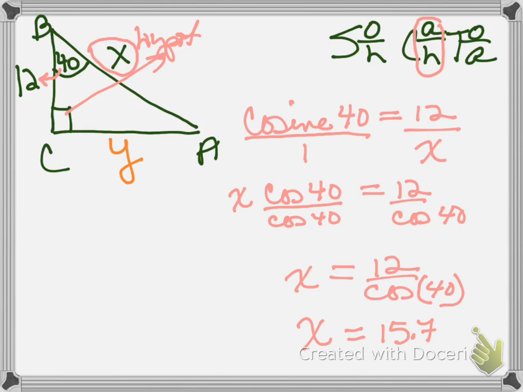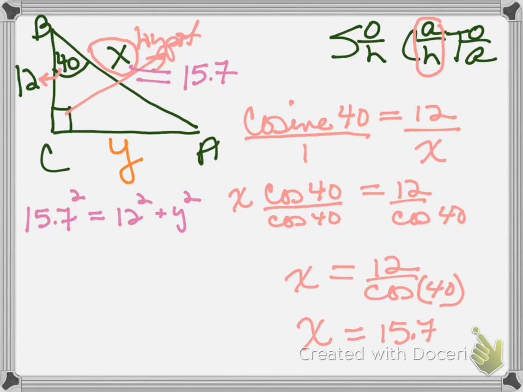We could use Pythagorean theorem, since I now know that my x, so I'll change that back to my pink, my x equaled 15.7, so I could say, using Pythagorean theorem, 15.7 squared equals, okay, that's the c squared, 12 squared plus y squared.